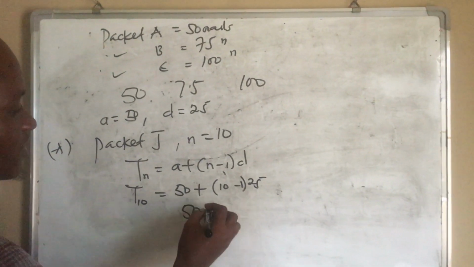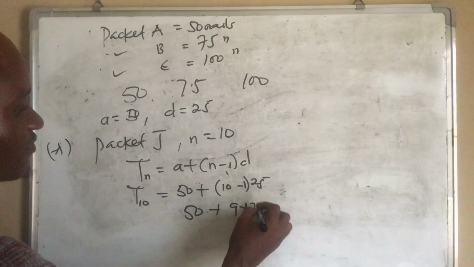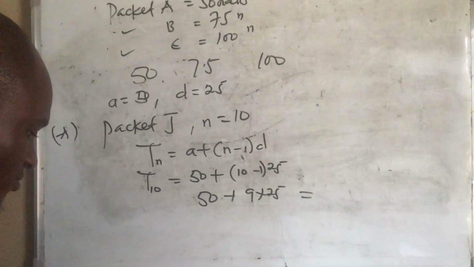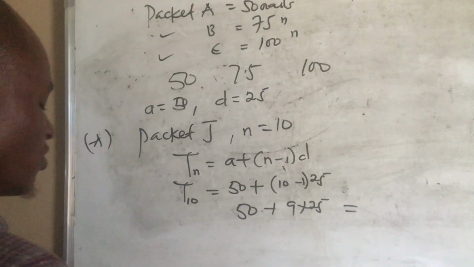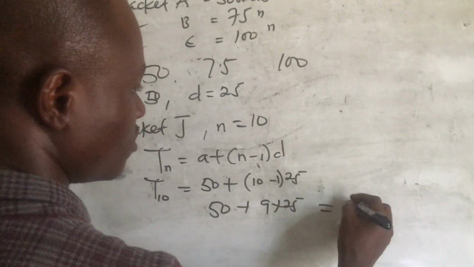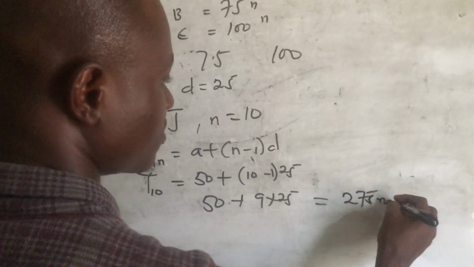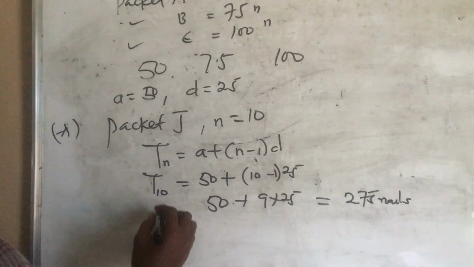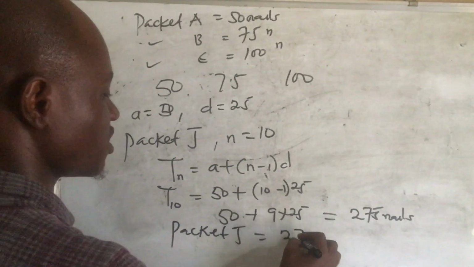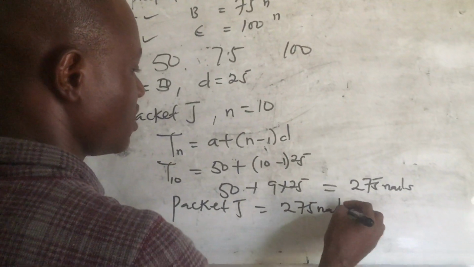That means I have 50 plus 9 times 25. 9 times 25 is 225, plus 50. That will be 275 names. So packet J has 275 names.